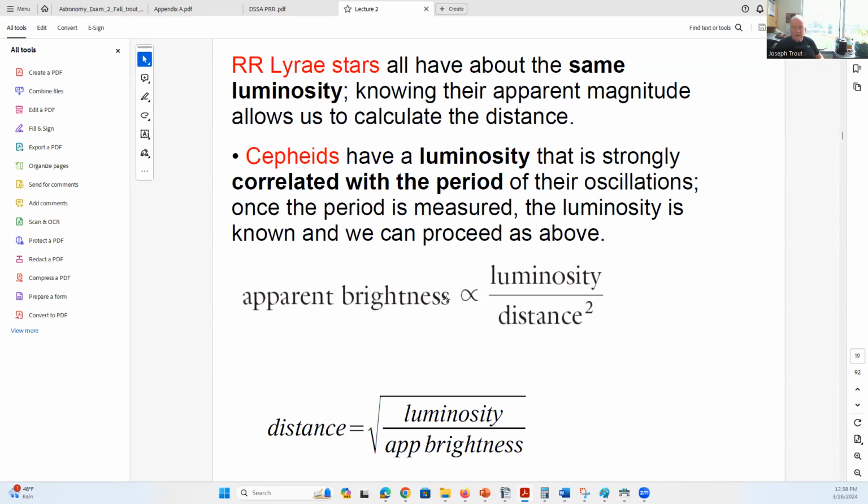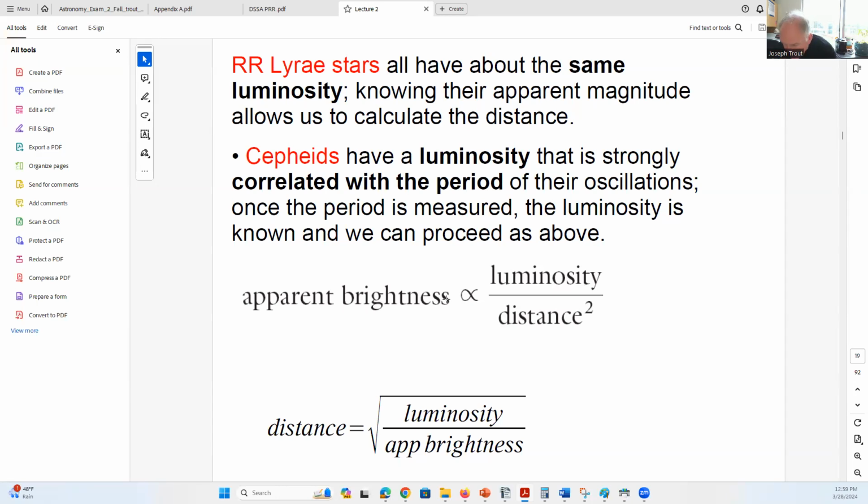So for RR Lyrae stars, they all have about the same luminosity, so knowing their apparent magnitude allows us to calculate the distance. Cepheid variables have a luminosity that's strongly correlated with the period of their oscillation. So once the period is measured, the luminosity is known and we can proceed as above.